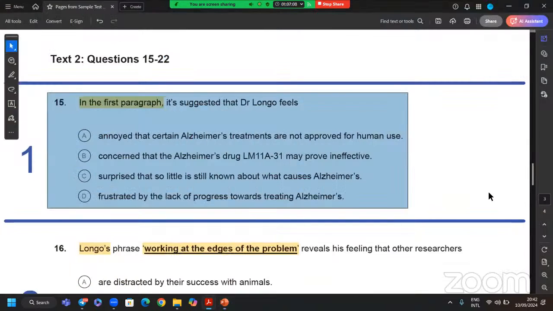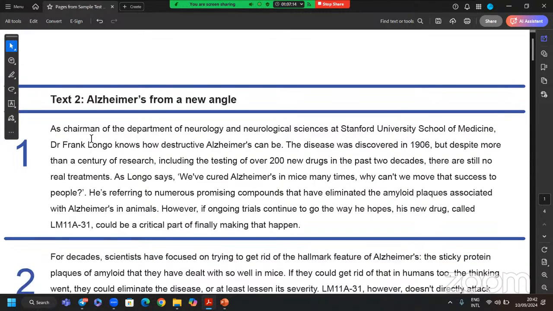This is taking you to the first paragraph. So the first paragraph is here.